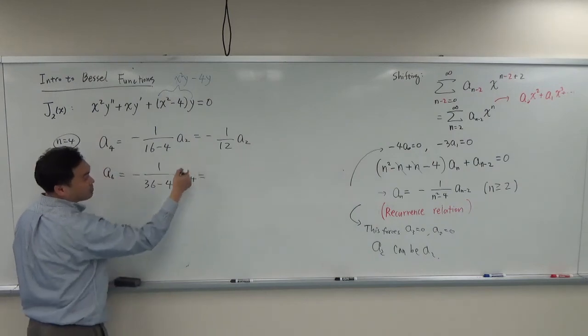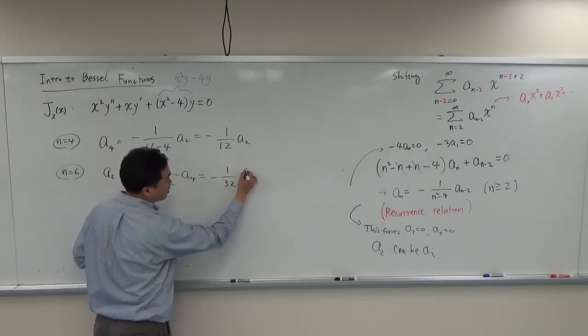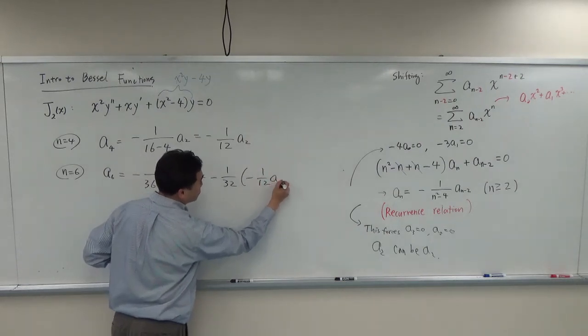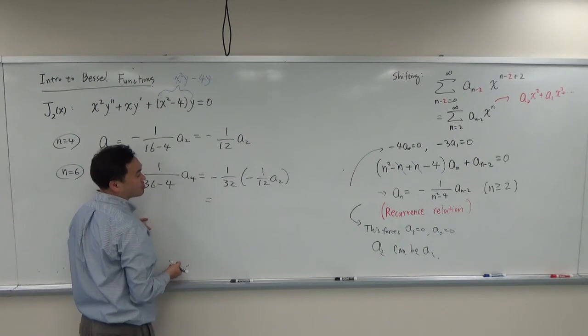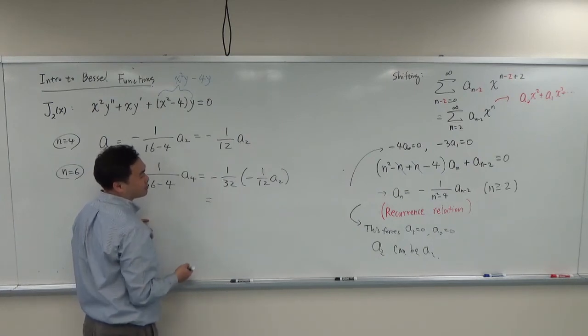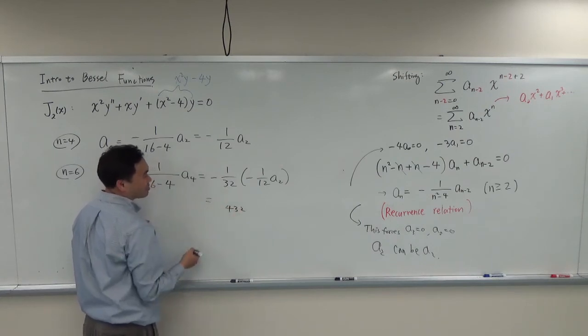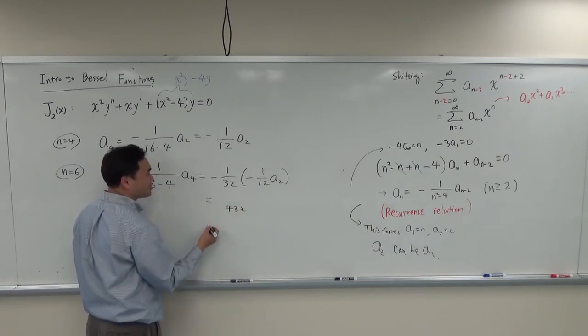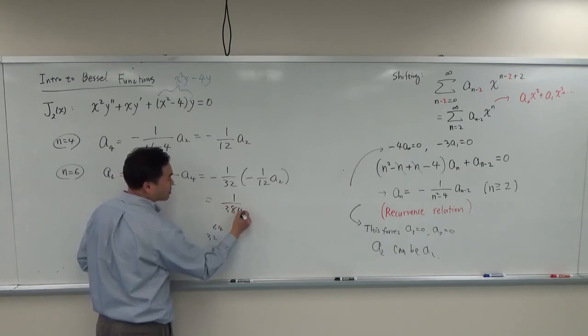But a4 is negative 1 over 12 a2. So it's negative 1 over 32 times negative 1 over 12, a2. So that's going to be, I give up. What is this? Help me out here. It's 432? Is it right? I'm just guessing. Come on. 64, 32, 384, okay. It's 1 over 384, a2.